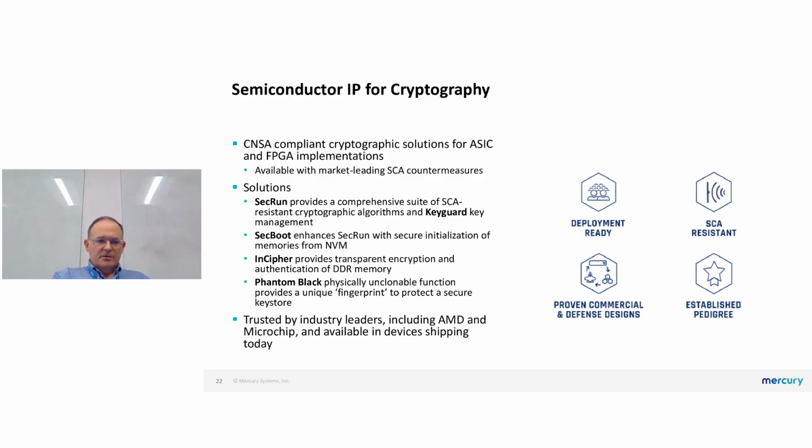Some of Mercury's solutions in cryptographic IP include its SecRun suite, which is a comprehensive suite of SCA-resistant cryptographic algorithms, which also includes its KeyGuard key management hardware function. This is an important feature that adds to cybersecurity by eliminating the need for the host operating environment to handle key material.